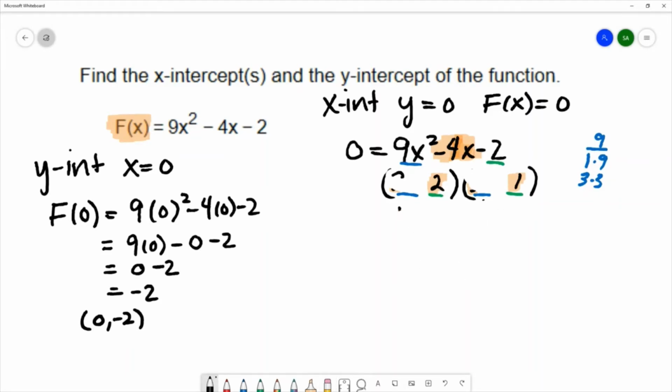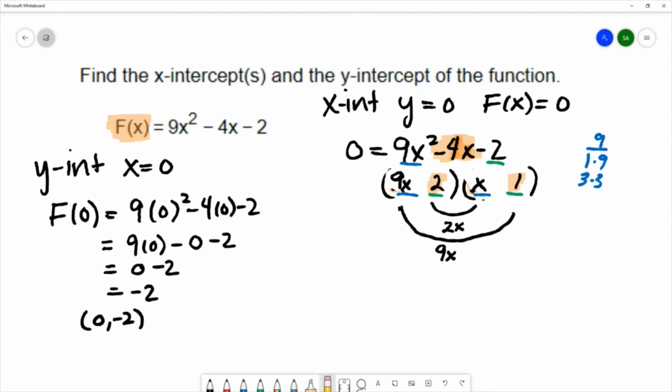So I'll try a 9x and an x. Once again, testing the inside and the outside. That would be 2x and 9x. If I add and subtract 2x and 9x, that's not going to create the middle number of 4x that I need.